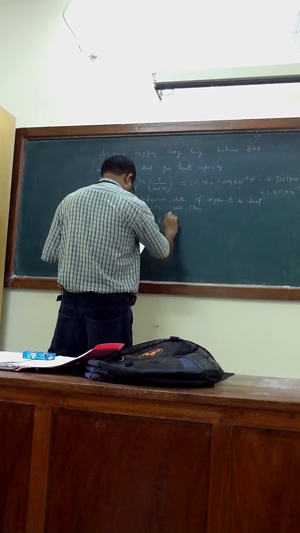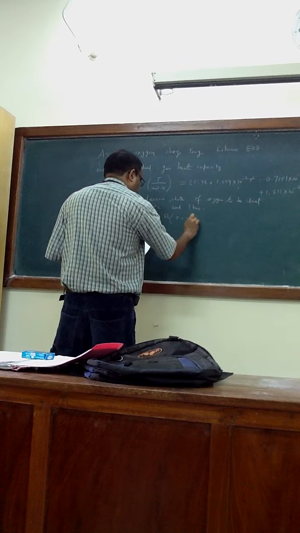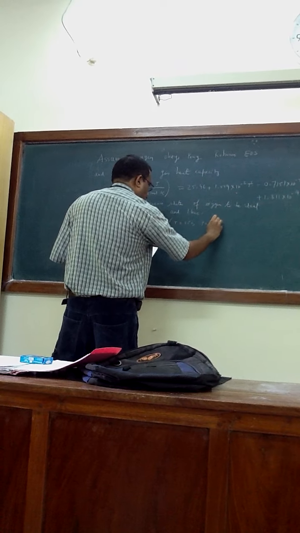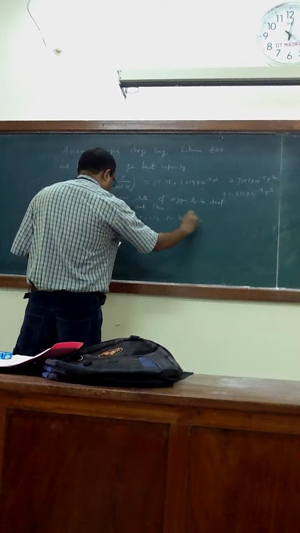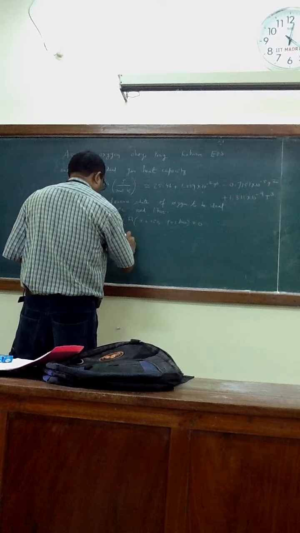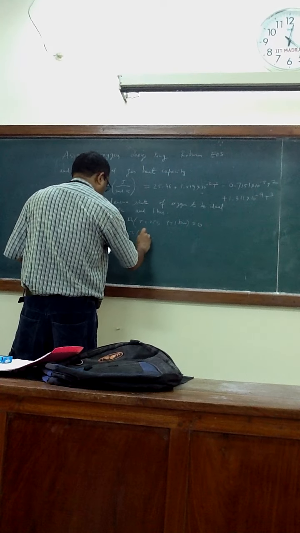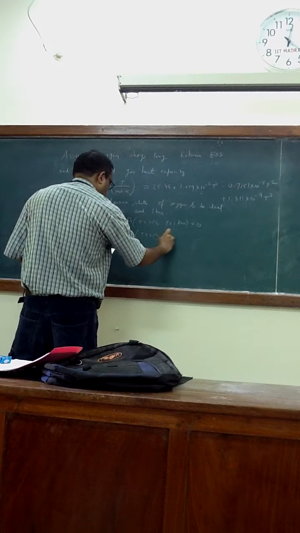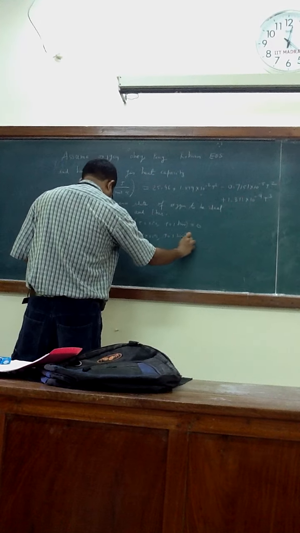H ig at T equals 25 degrees centigrade, P equals 1 bar, is 0. S ig at T equals 25 degrees centigrade, P equals 1 bar, is 0.